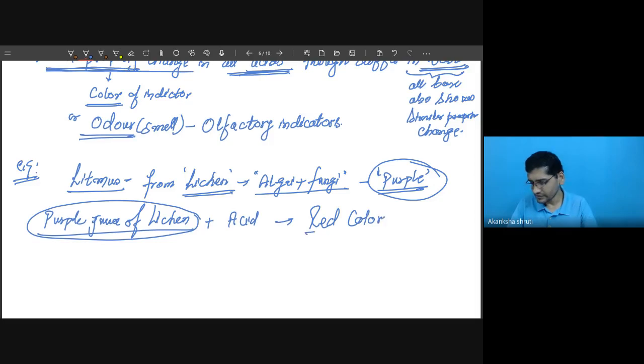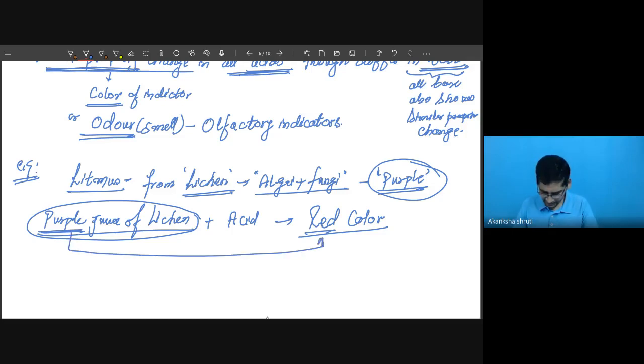Though it was purple initially, it changed to red. If you take this purple color and add a base, then you will observe blue color.